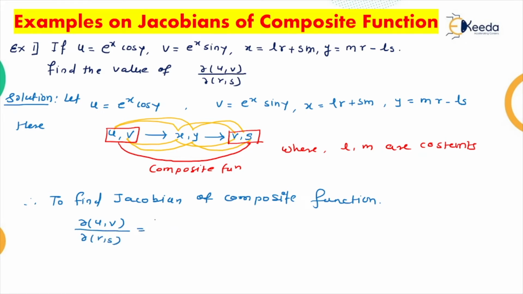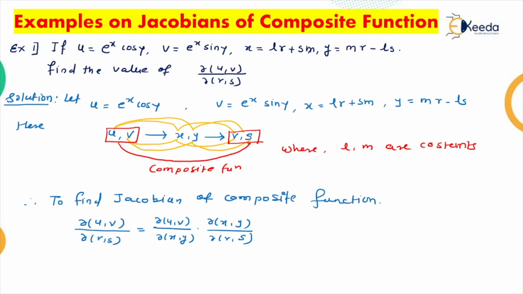This can be done using the Jacobian of uv with respect to xy, where x and y are functions of r and s. Understood this? You have to calculate first ∂(u,v) upon ∂(x,y), and ∂(x,y) upon ∂(r,s). By using the definition, you just put the values in this equation. So let me start.